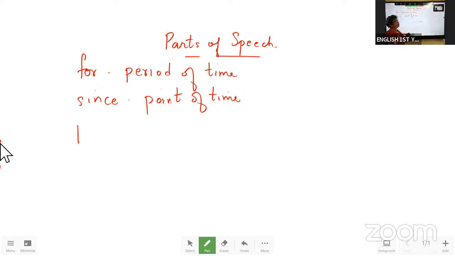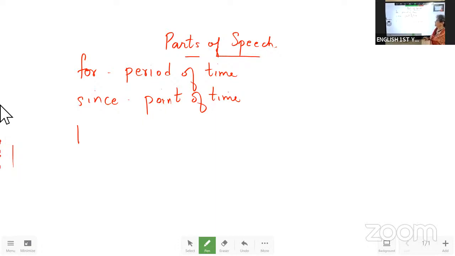When you pinpoint the time, you use since because you're pointing at the time. But when you use for, it is known as period of time, when you don't pinpoint the time, like for a long time. So I hope, children, you have understood when for should be used and when since should be used.